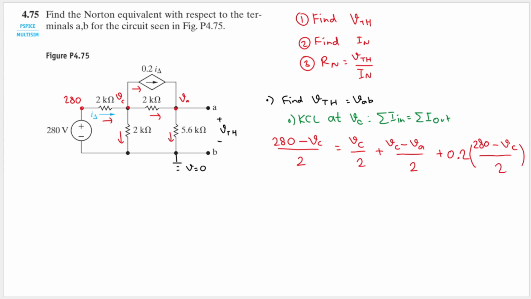Good. And I think we can just cancel out all the 2, right? Because we have 2 on the left hand side and 2 on the right hand side on the denominator. So we'll have 280 minus VC, and then we will have VC plus VC minus VA, and then plus 0.2 multiplied by 280.